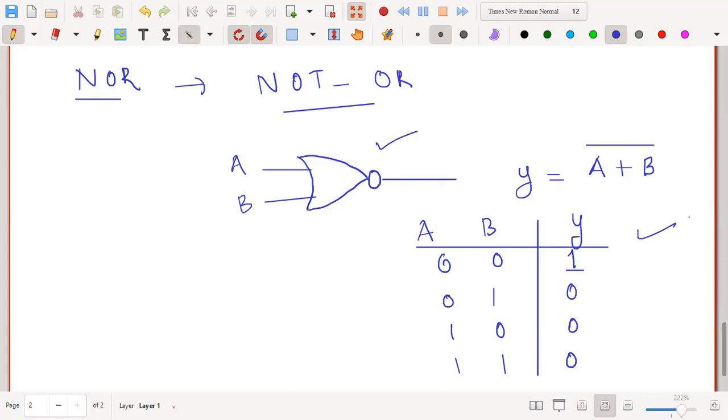So when we come again to the next lecture, we'll try to continue discussing from this NOR gate, and we will try to see how we can design basic gates using these NOR gates, and we will also try to see the switching circuit for this NOR gate. Plus, we will try to see some questions also, if possible, on these universal gates. That is what we will discuss in the next lecture.